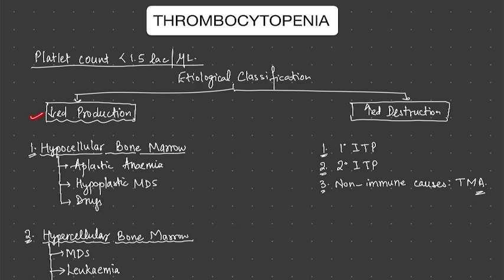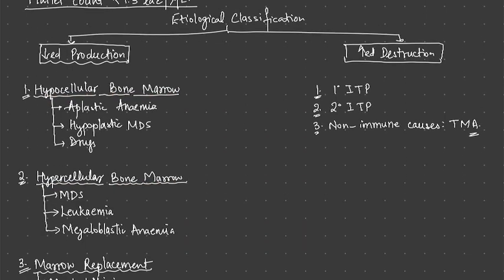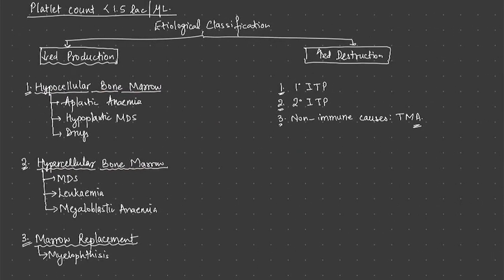It can be decreased production, it can be increased destruction. Decreased production can be seen when bone marrow is hypocellular, when bone marrow is hypercellular, or when there is marrow replacement by some other components of blood.